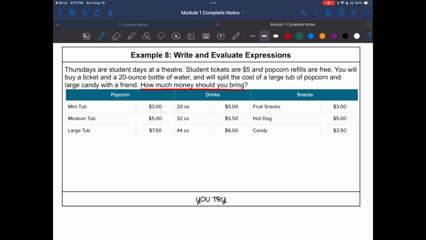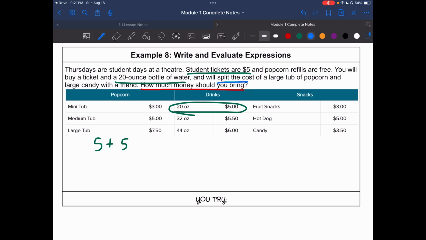So our first thing is to figure out what you pay to start. Student tickets are $5, so you are starting off paying $5. And then you are buying a 20-ounce bottle of water, so a 20-ounce drink is going to be another $5. Now we're going to move to the other part.